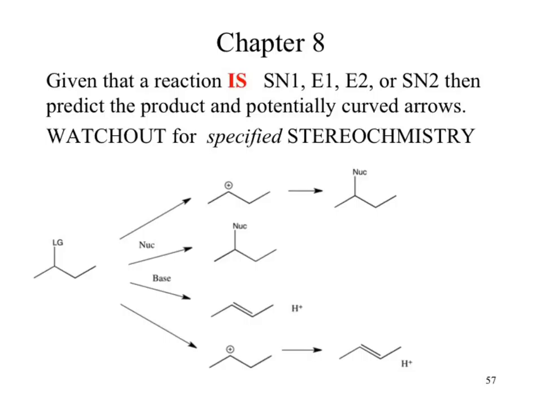What if we asked about optical activity? What is that referencing? That is referencing chirality. When would we have an optically active product? SN2. When would we have an optically inactive product? SN1. How do we know that?